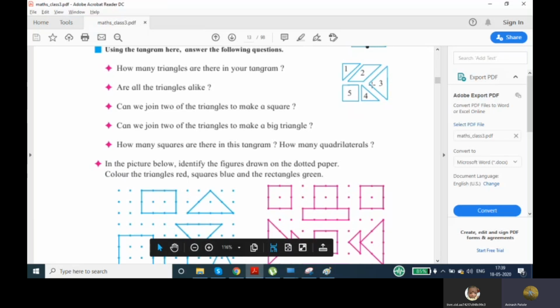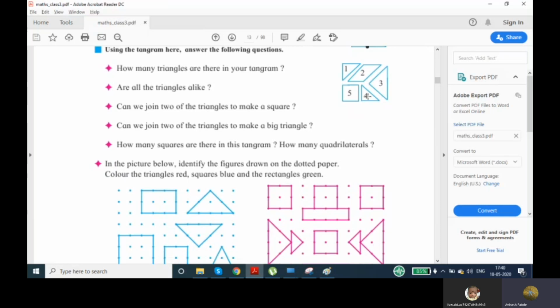Let us count. We see there's one here, second here, and third here. So we have 3 triangles. Are all triangles alike? They all are triangles, but they are not the same in size. But yes, they all have 3 edges and 3 corners.